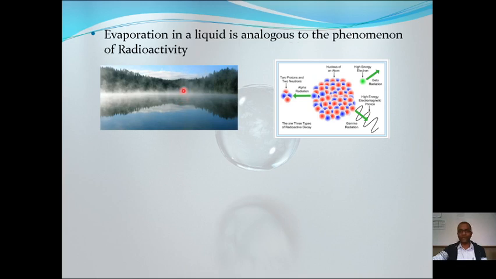Same is the case of radioactivity. If I have a radioactive substance, this radioactive substance will keep on emitting particles and radiation spontaneously. You don't need to do anything from outside.